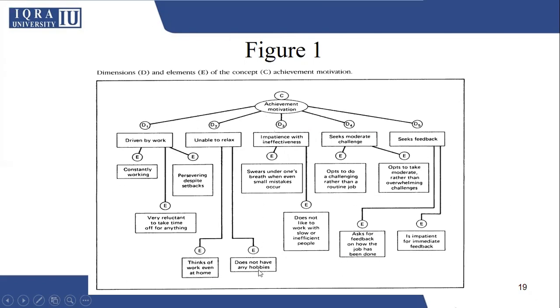Once it is clearly operationalized, only then is the concept clear. This concept of high achievement motivation can be measured by asking these questions of the respondent, which you find in your questionnaire, which you are going to give to the respondent. Clear?